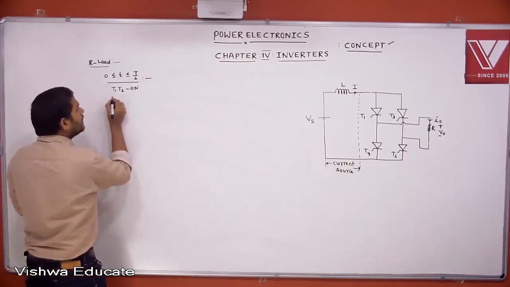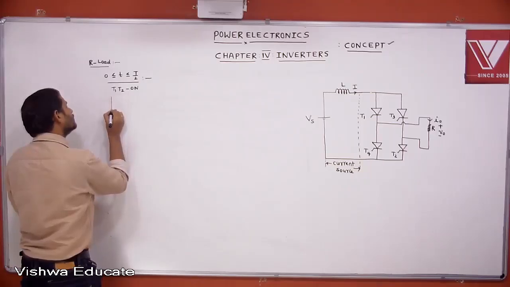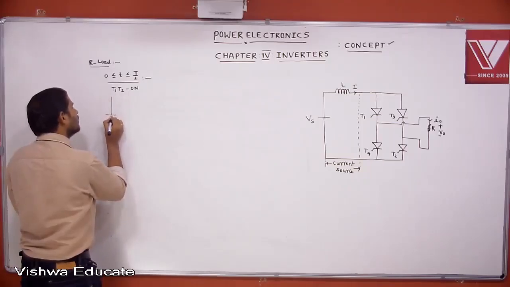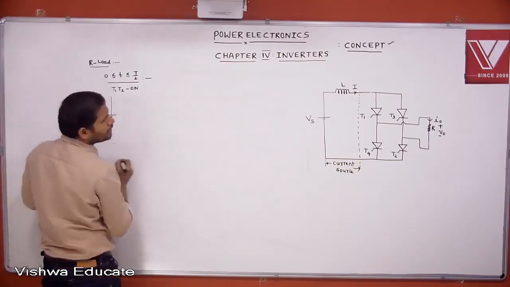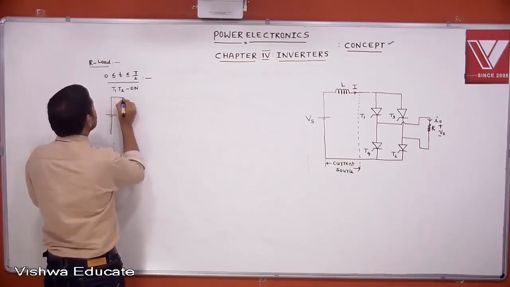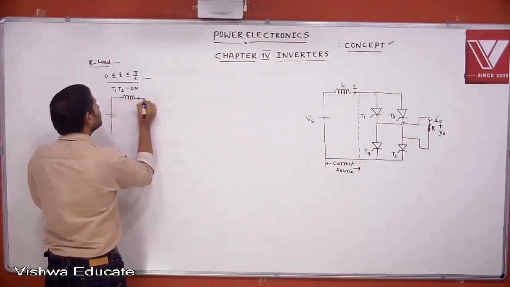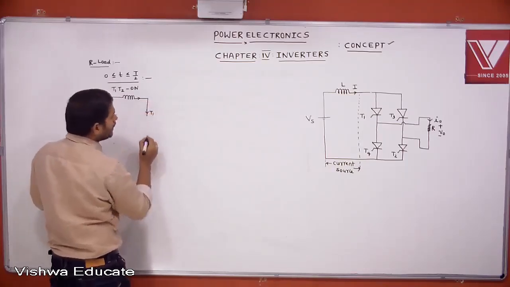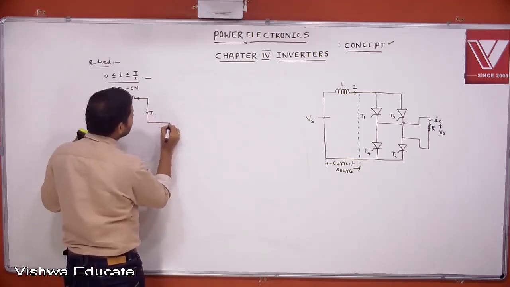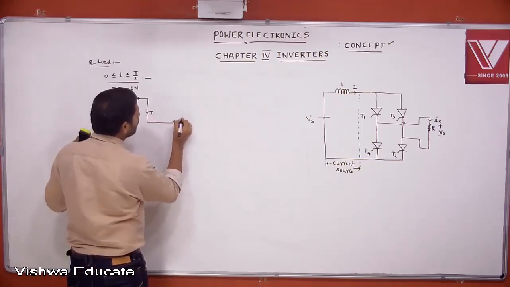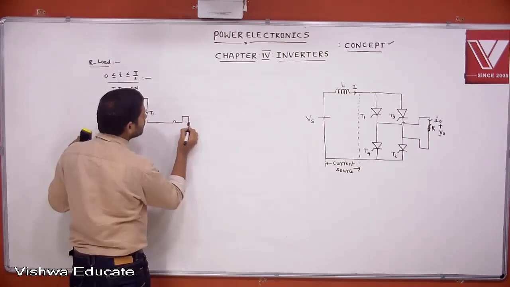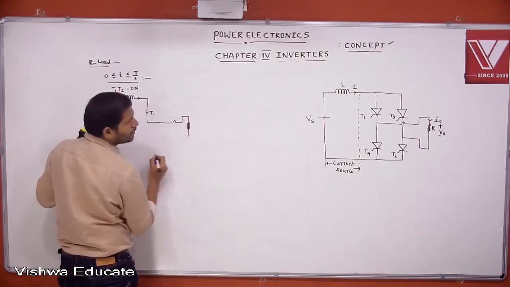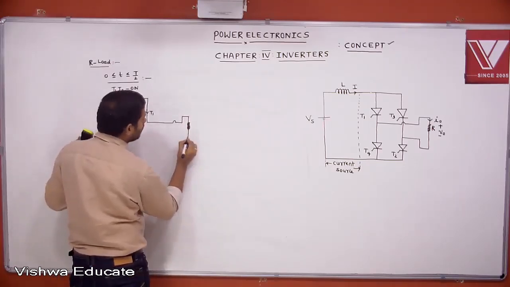If T1, T2 is on, what is the equivalent circuit? This is the current, this is T1, T2 is on, this is the load.